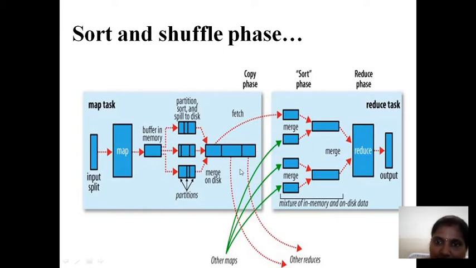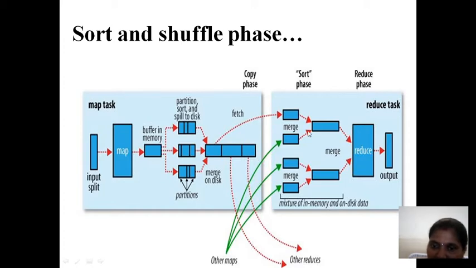For the reducer, if you want to sort before giving to the reducer, we have to merge all the inputs from the mappers. It is one input from one map, but we need one more input which is available somewhere else. Because of the distributed system, the other mappers' outputs will also be placed here.